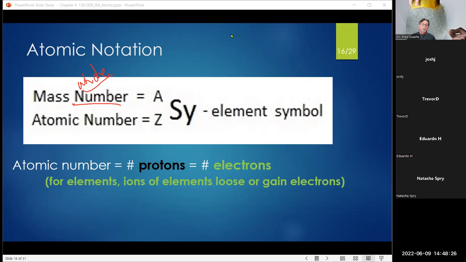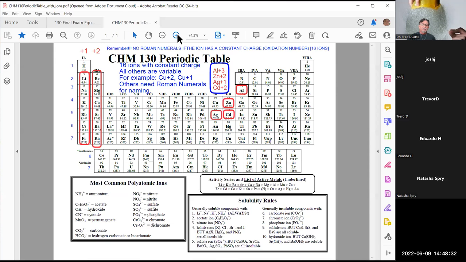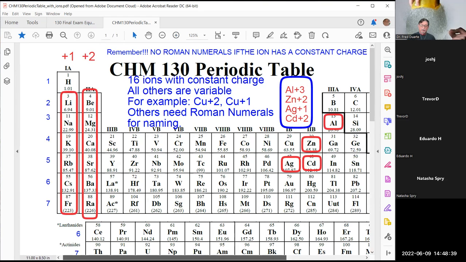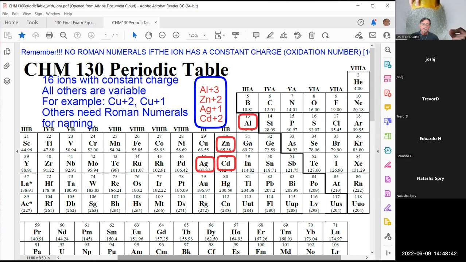If you look at the periodic table, at a glance you can select any element and, based on its atomic number, let's take a look at carbon. Carbon's right here, number 6. Its atomic number is on top of the symbol. Elemental carbon has 6 protons, 6 electrons. Nitrogen, its neighbor, has 7 protons and 7 electrons.